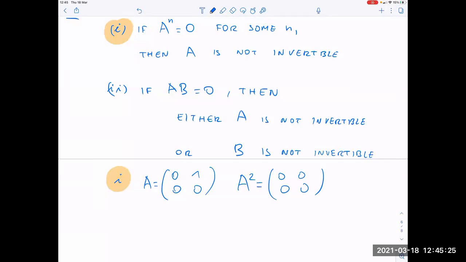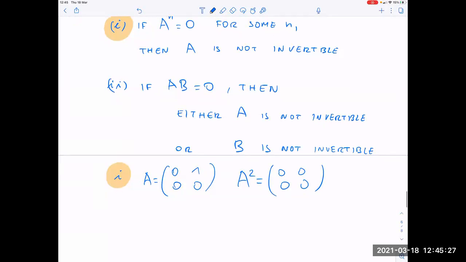So with the tools we have now, I suggest you do the following. Assume by contradiction that you can find the inverse.